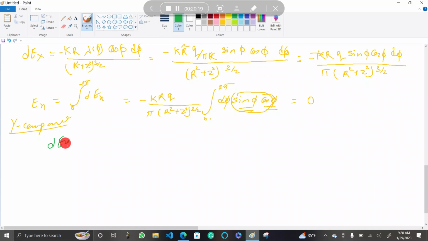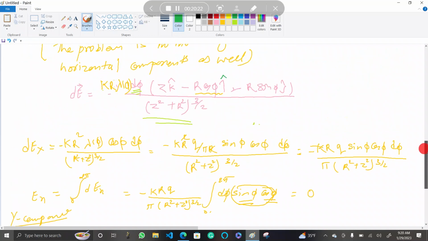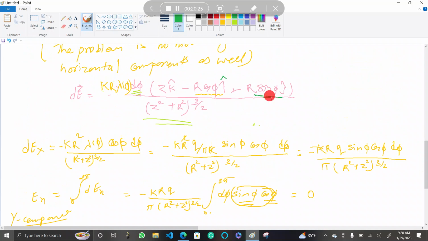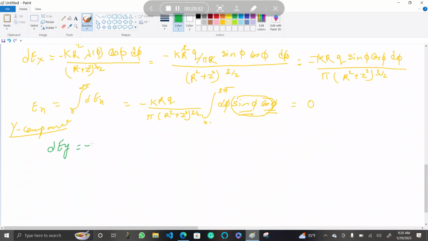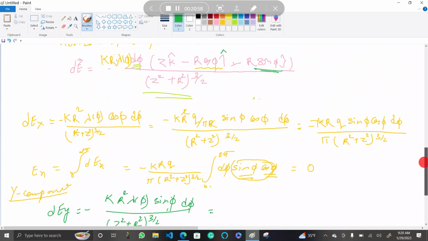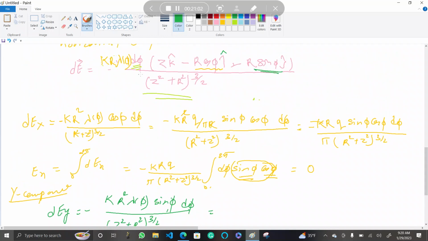The dEy part, if we look from here, this is the y part, this is the sin phi, so it is minus k r square lambda sin phi into d phi over z square plus r square to the power 3 by 2. It is the y part. Let me check once.